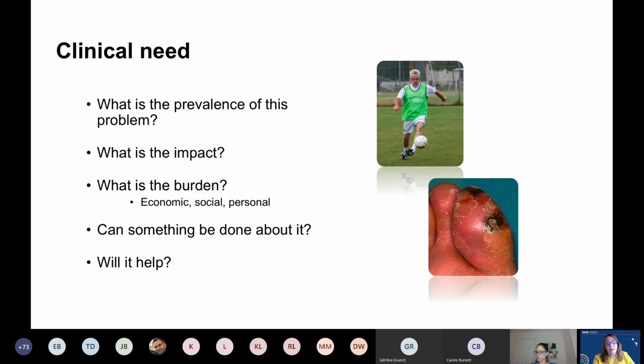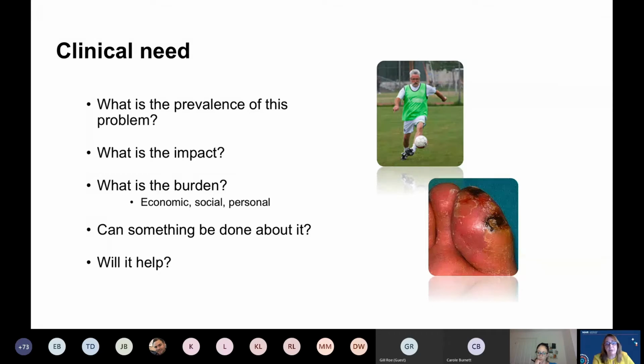When we're talking about developing a clinical research question, it's really important that we understand the impact of this question, and that's really talking about maybe the prevalence or the burden. These two photos are a great example. Knee osteoarthritis is incredibly common.